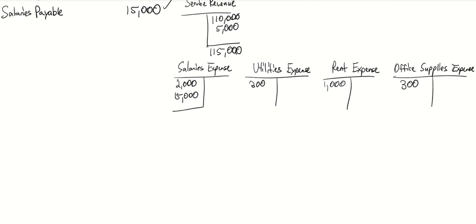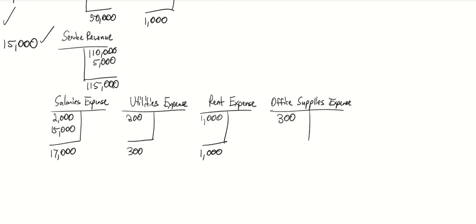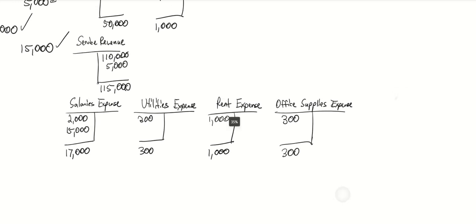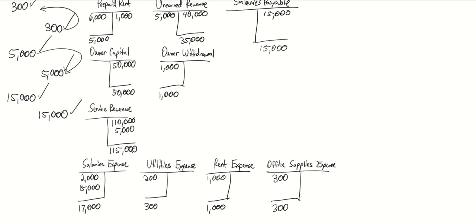Salaries expense did change to $17,000 debit balance. Utilities expense did not change. That's a $300 debit balance. Rent expense, $1,000 debit balance. And then office supplies expense, the newly $300 debit balance.